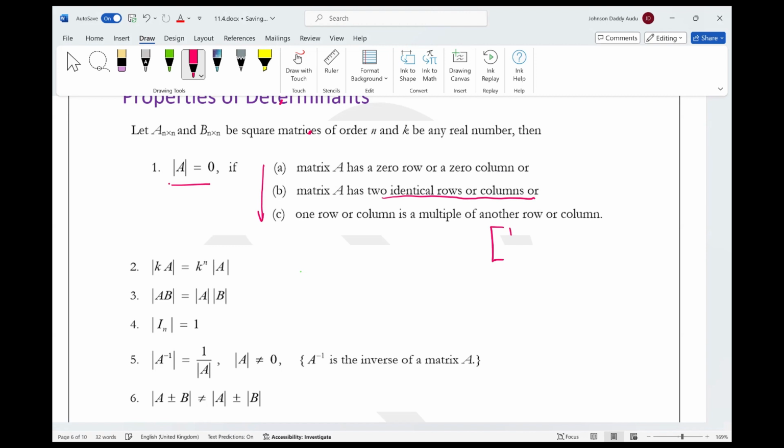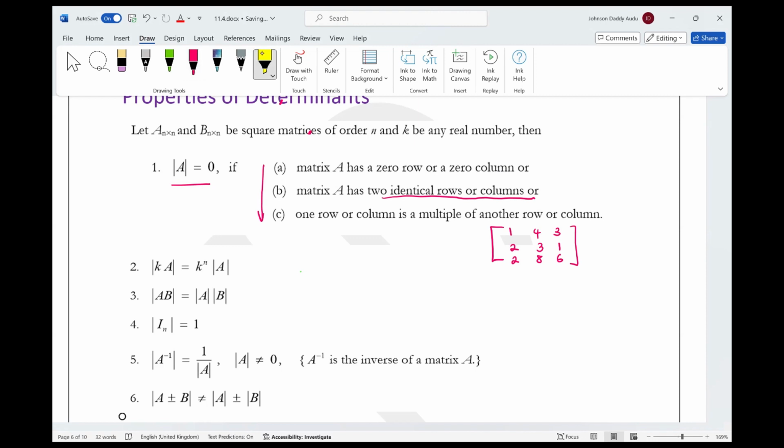For example, if I have 1, 2, 4, and 3, and then let's add another row. So let's say 3, 1, and let's make here 2, 8, and 6. Now this matrix is what? The determinant is going to be 0.